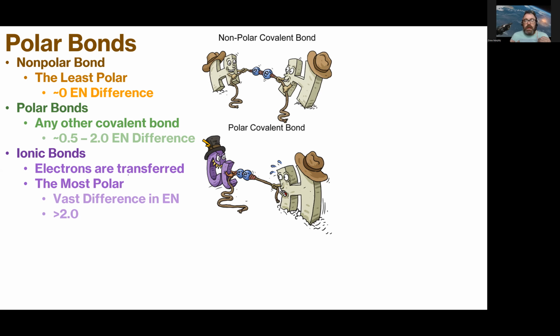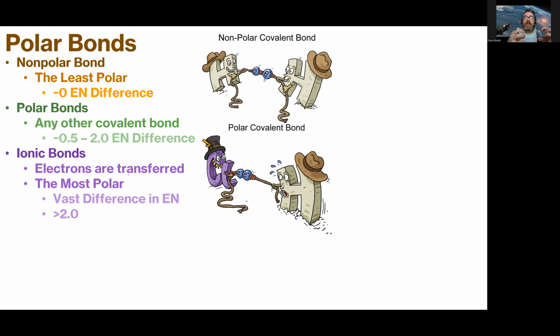In the ionic case, there's a vast difference in electronegativity. And so one atom is pulling the electrons completely off of the other one because it's so electronegative. The weaker atom is not able to hold on to those electrons, so those are really far apart. In the middle case, we have polar bonds.